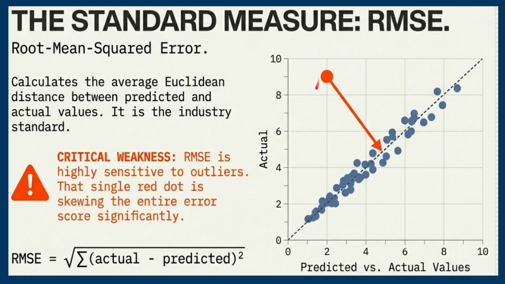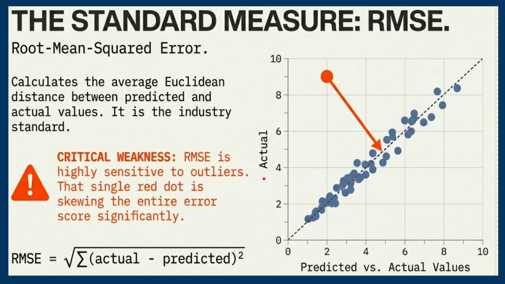It lies outside the group. That single red dot skews the entire error score significantly, so the error rate will be high because of a few deviating values. RMSE is equal to the square root of the summation of actual minus predicted, the whole squared. The graph is between predicted versus actual values.